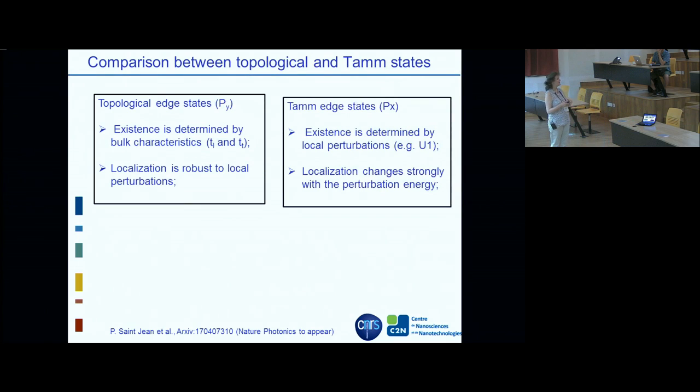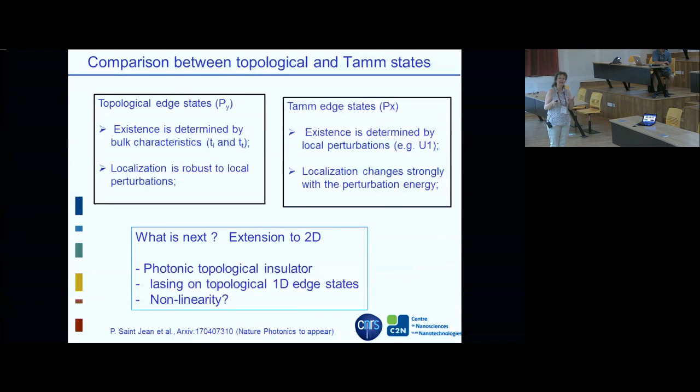Okay, so it's just considered as a milestone to be able to lase on a topological state, but of course this is a 0D state, it cannot propagate, it's a bit trivial, and so this is just the first step. What is very interesting now is really to move to 2D samples and try to be able to lase, for example, on 1D edge states and see eventually if non-linearity can be interesting.